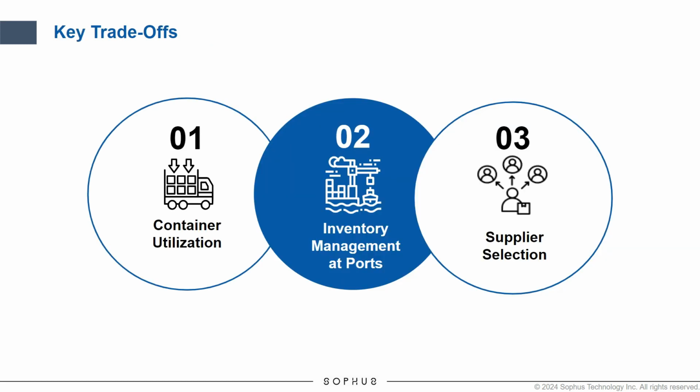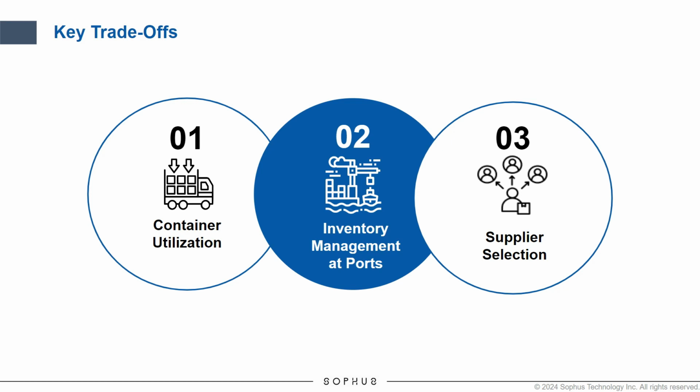Before we jump into the model building in Sophus, there are a few key trade-offs for House Pro's business problem which we need to keep in mind. First, improved container utilization is definitely positive for shipping cost savings, but it might cause other cost increases, like inventory holding cost. Second, inventory management is also an important trade-off.